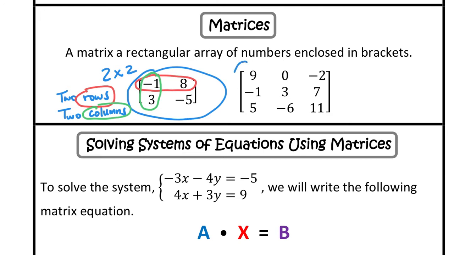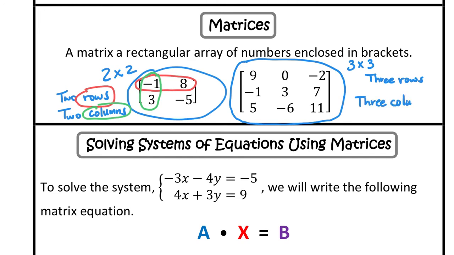Then the matrix over here we call a 3 by 3 because it's made up of 3 rows and 3 columns.